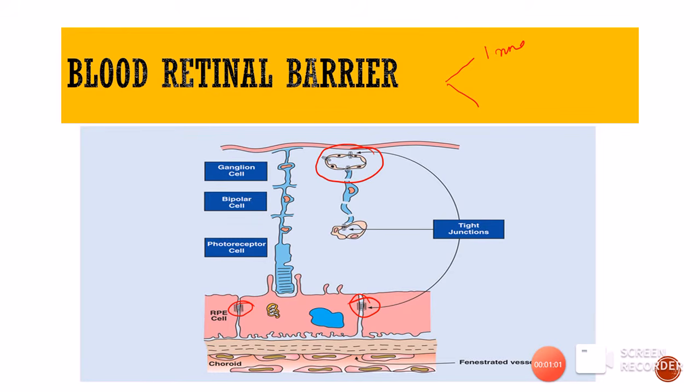Whenever there is an infection, some inflammation, or some abnormal vasculature coming from the choroid, it can penetrate the RPE and grow into the retina. This is called neovascularization, such as choroidal neovascularization like CNVMs, or sometimes, as in diabetic retinopathy, new vessels which do not have such tight junctions.